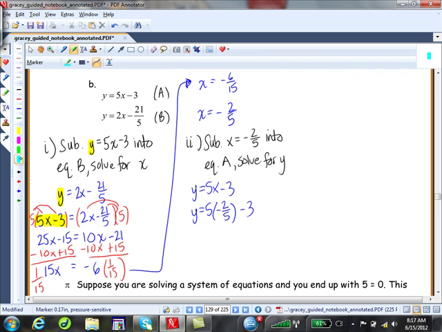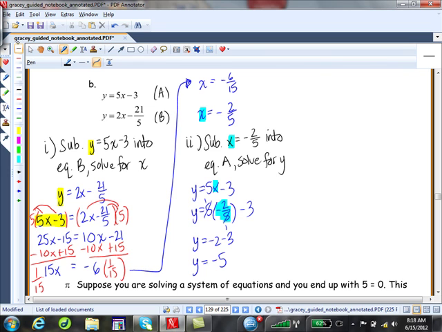The x value is the -2/5 we're substituting in. The 5s will divide out, so we'll get y equals -2 minus 3, and y equals -5.